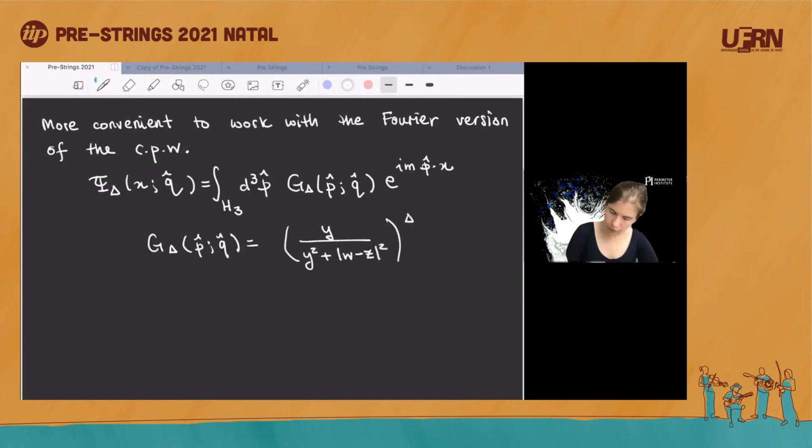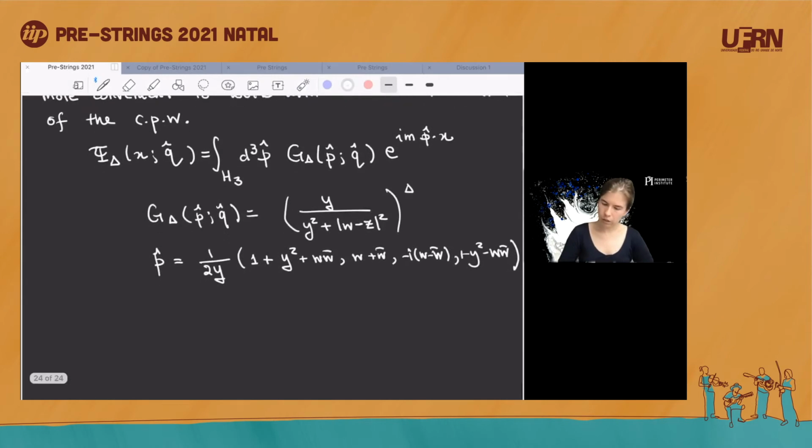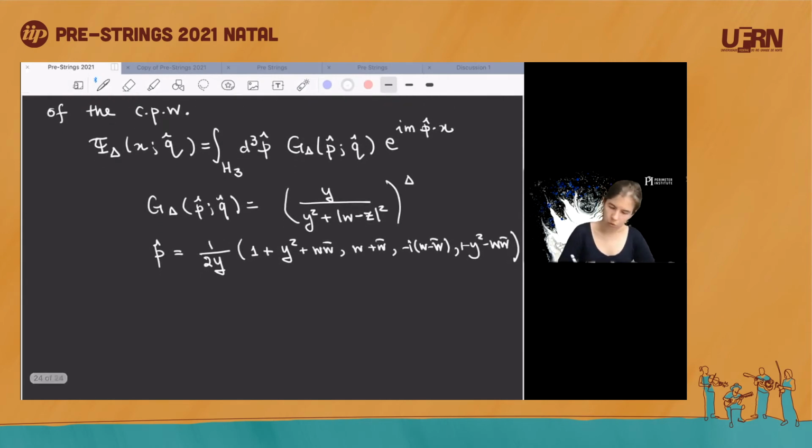And p hat takes the following form: proportional to (1 plus y squared plus w bar w, w plus w bar, minus i(w minus w bar), 1 minus y squared minus w bar w). Okay, so this has the property that p hat squared is equal to -1.